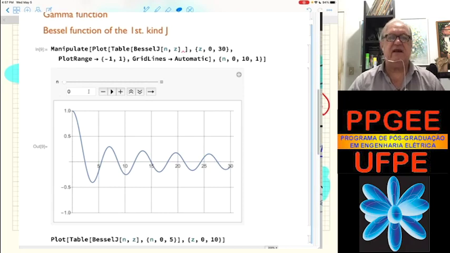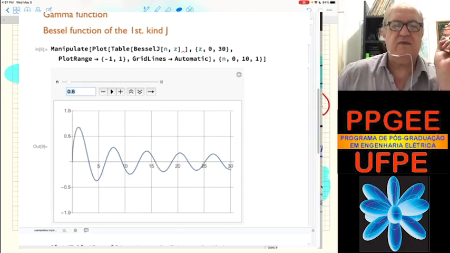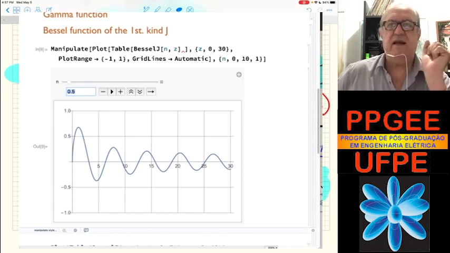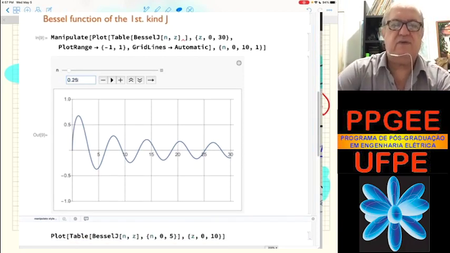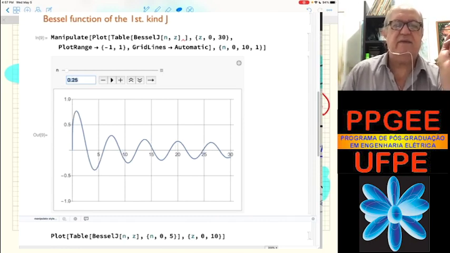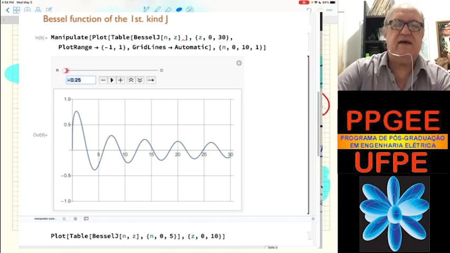This is for integer values. I'm going to put just here a fractional. You're going to have something that looks like a Bessel function. I can have a fractional index, right? 0.25 lambda, and I can put here minus 0.25.